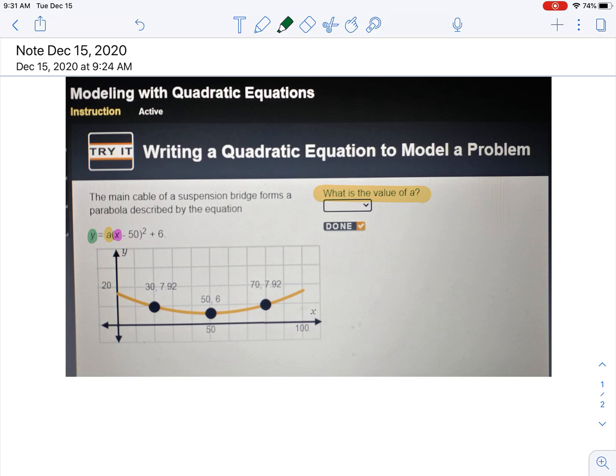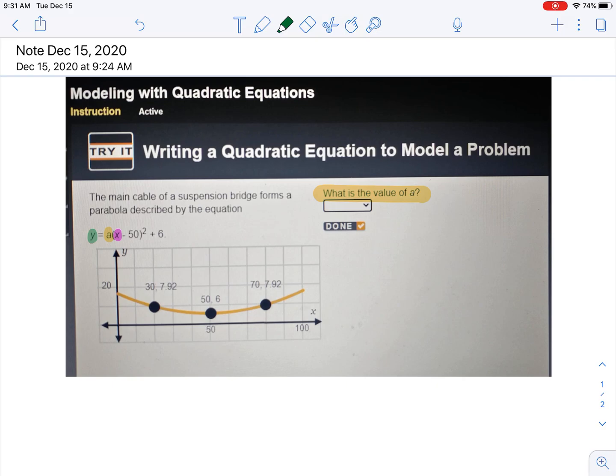Our ultimate goal is to isolate a, because that's what they're asking, which means we don't want variable x or variable y in here, because all we want is a. You'll notice on this parabola, we actually have 3 points.